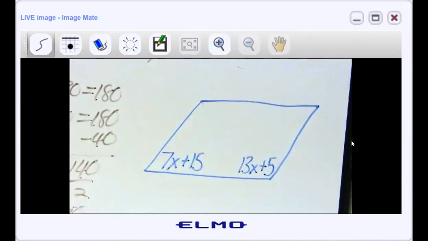Solve for x, please, everybody. Feel free to send me your answer in the chat when you get it.